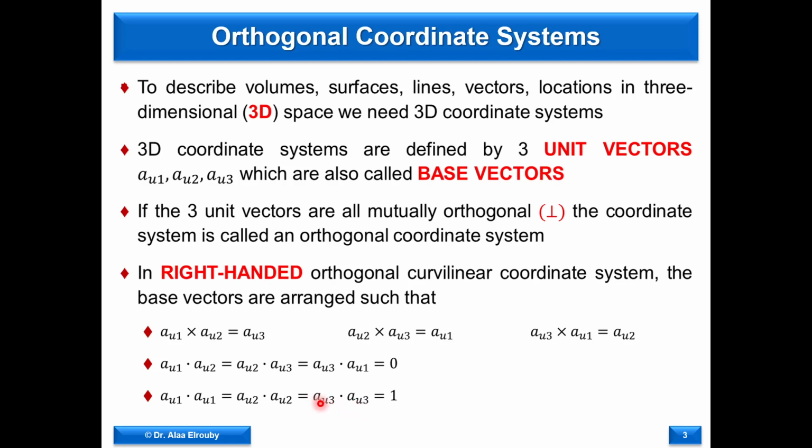Because the magnitude is 1, 1 squared equals 1. So the dot product of any unit vector with itself equals 1. So those are the three properties of the unit vectors of an orthogonal coordinate system, and we're going to use them all course long, so we must keep them in mind all the time, and of course we'll have some applications on them as we go.